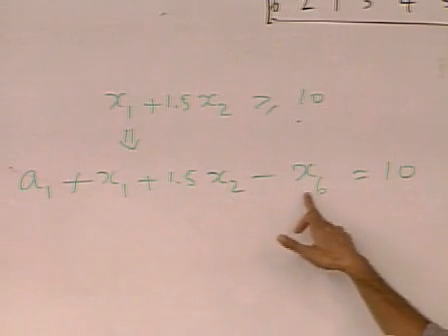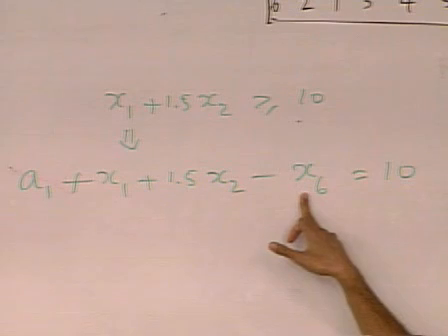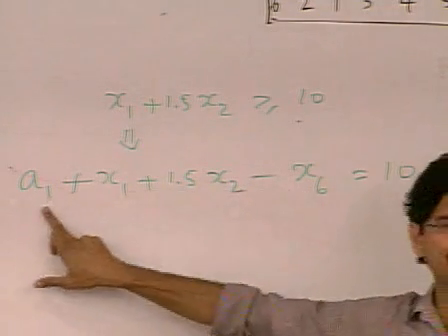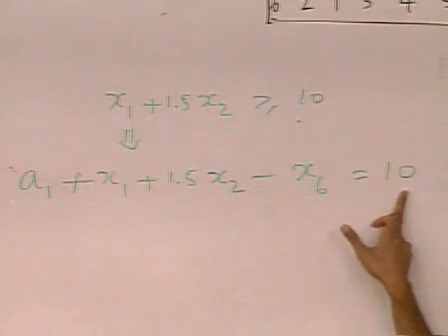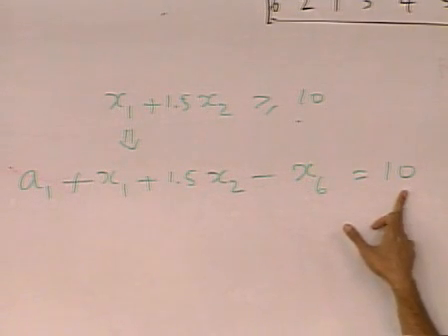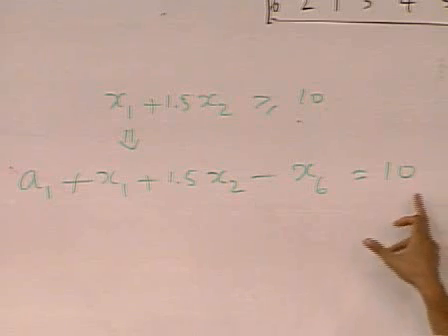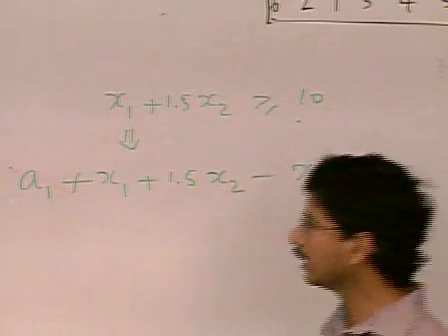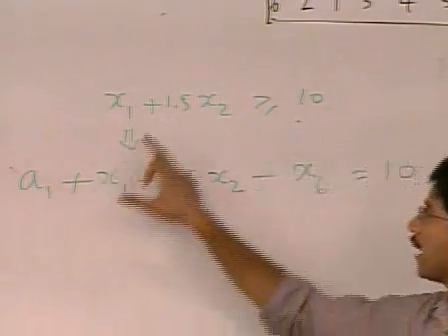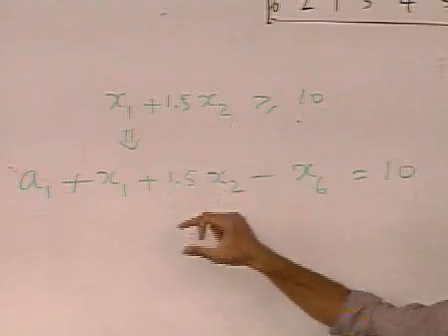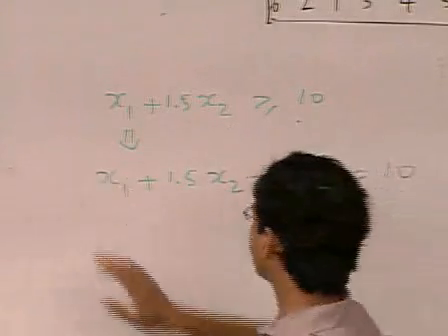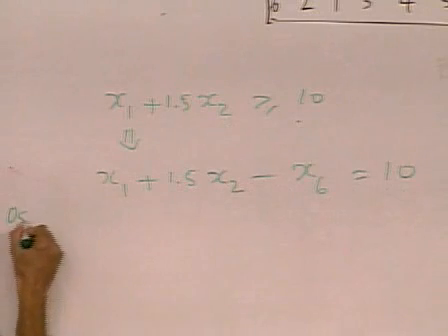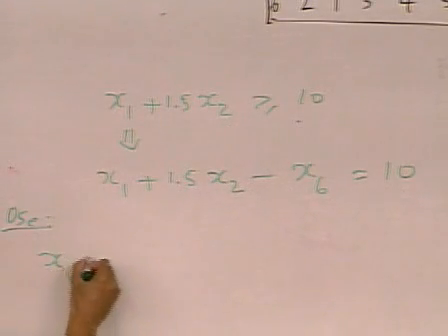You're going to think of x6 as another non-basic variable, and A1 is going to be a basic variable with value 10. So the idea is that we are going to start with a solution that is feasible if you replace this inequality not by this, but use this instead.